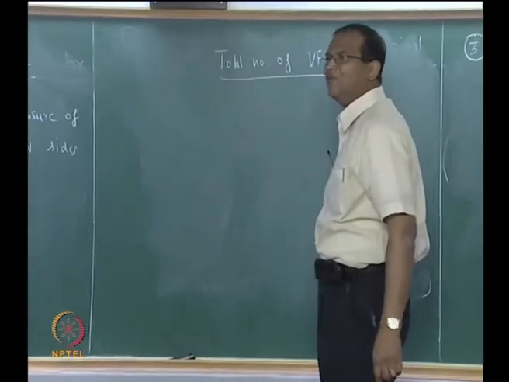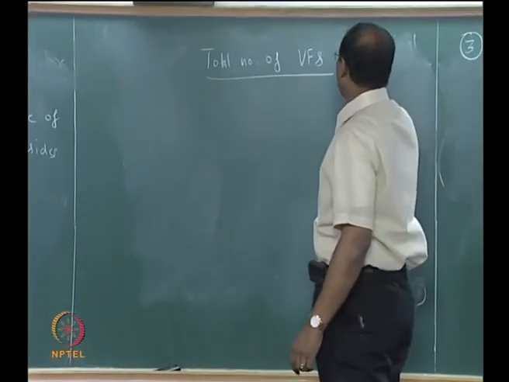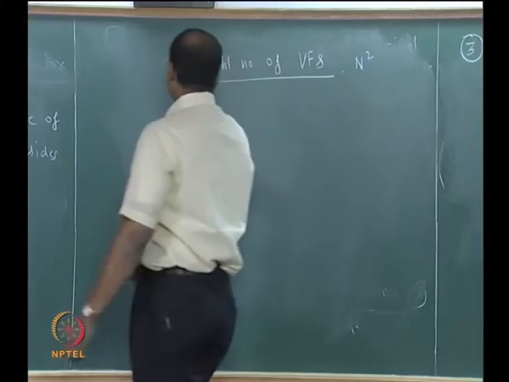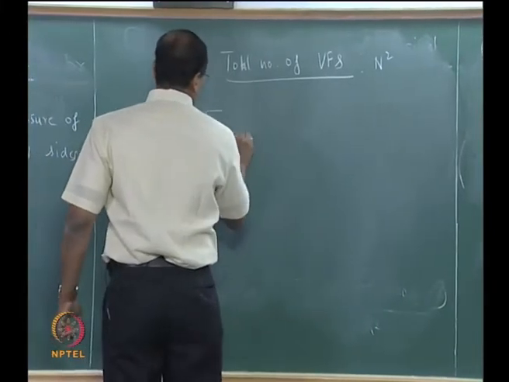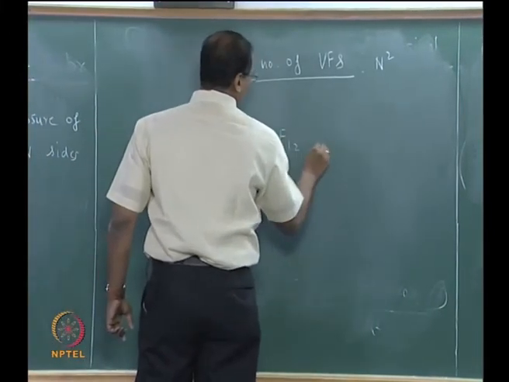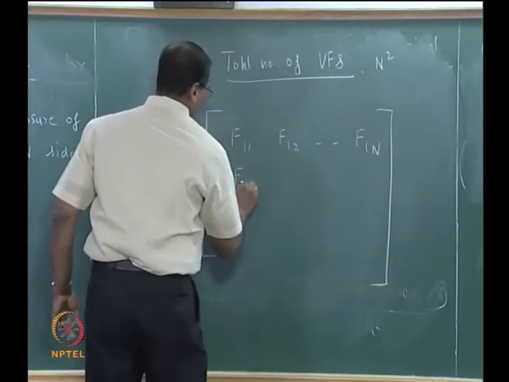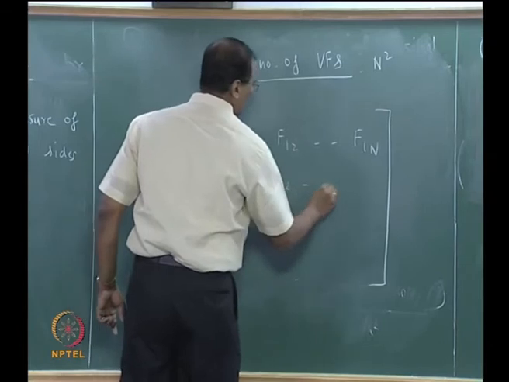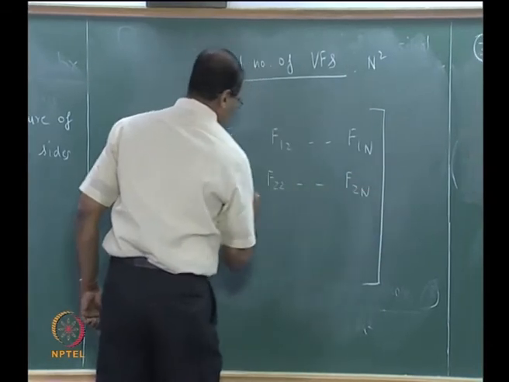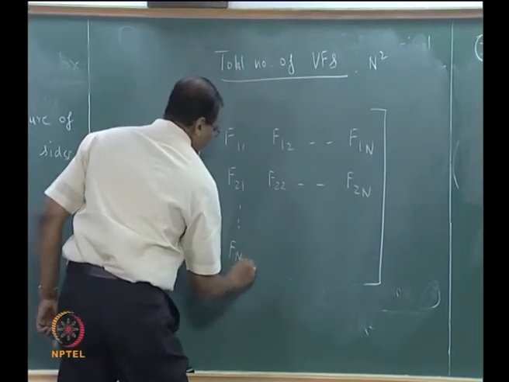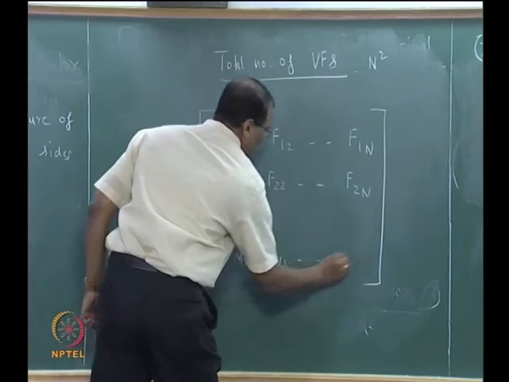I will say the total number of view factors is n square. Okay, I can write it like this: f11, f12, and so on up to f1n, f21, f22, f2n, fn1, fn2.